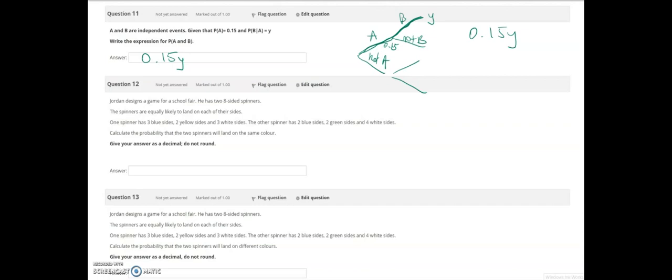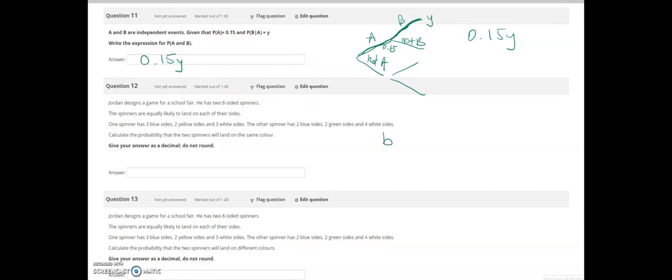So let's suppose the spinner falls or lands on blue, the first one. Then we need the other one to be blue so that they are in the same color. So this would be, for the first one, 3 out of the 8 possibilities. Then we multiply it by 2 out of the 8.